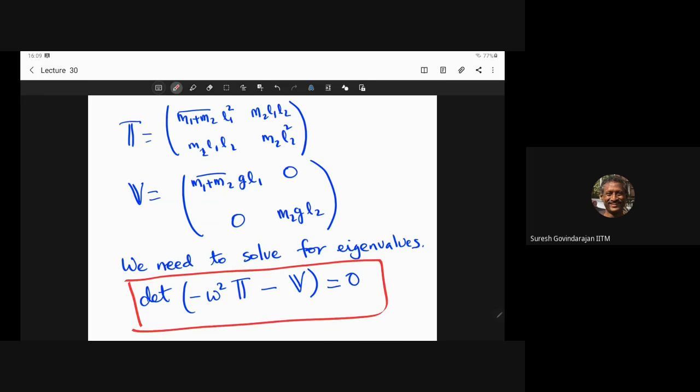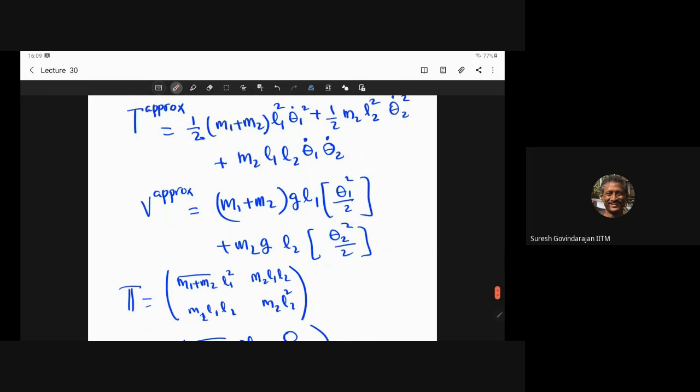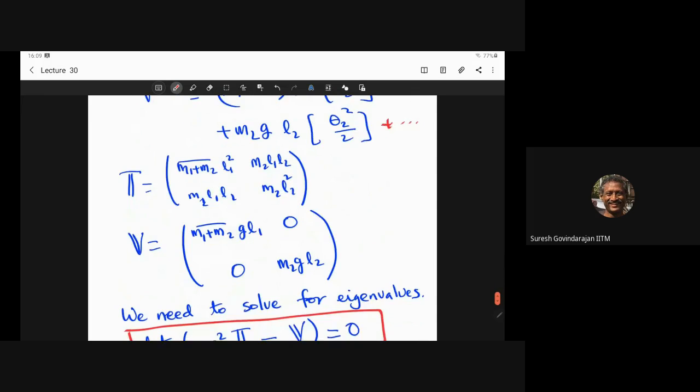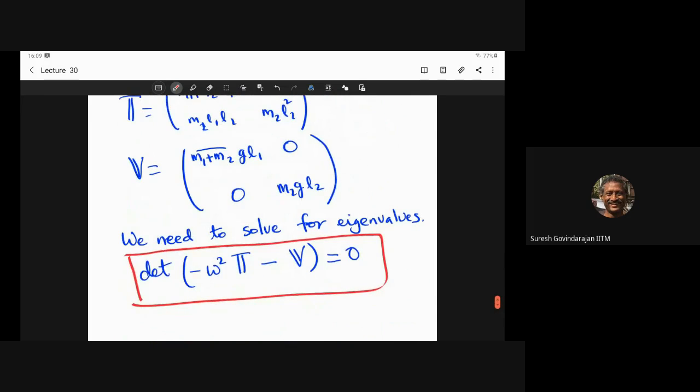Is this clear? We have substituted it here, plus terms which have dropped here, constants. So this is what we have.